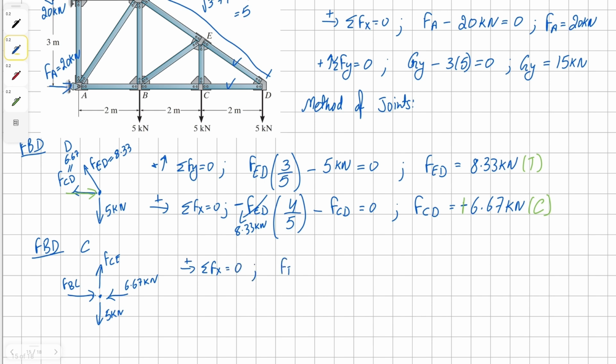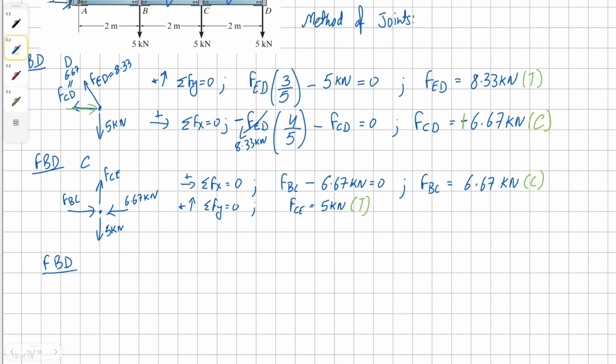It's going to be force BC plus, or negative in this case, because this member CD is in compression, 6.67 kilonewton equals to 0. And our force BC is simply going to be 6.67 kilonewton, and this member is in compression as well. Now let's sum the forces in y direction. And we're going to have force CE as 5 kilonewton, and it's going to be in tension.